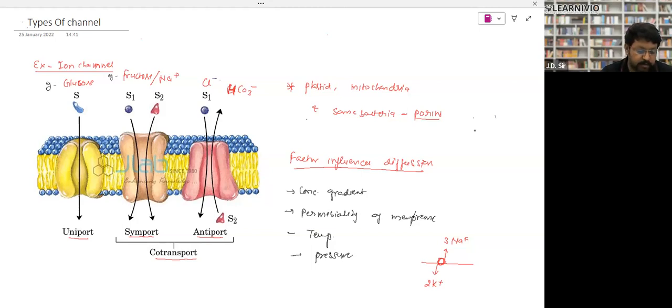When a single molecule moves across the membrane independent of other molecules, the process is called uniport.